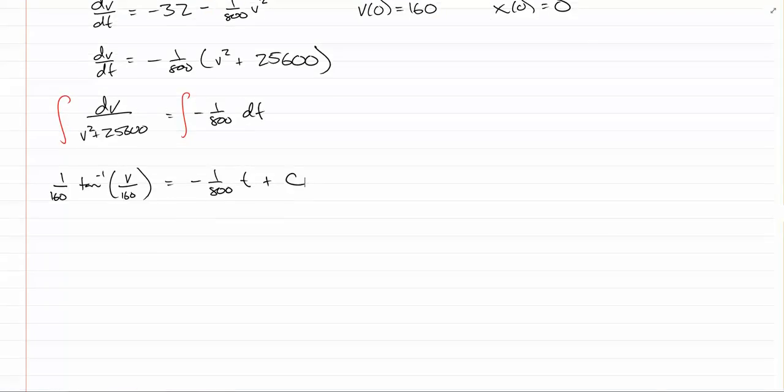Let's go ahead and multiply both sides by 160. 160 over 800 is 0.2, so this would be negative 0.2 t plus 160c, which is still just a constant, so I'm just going to rename that c.